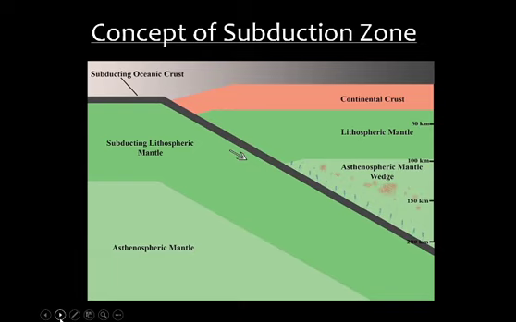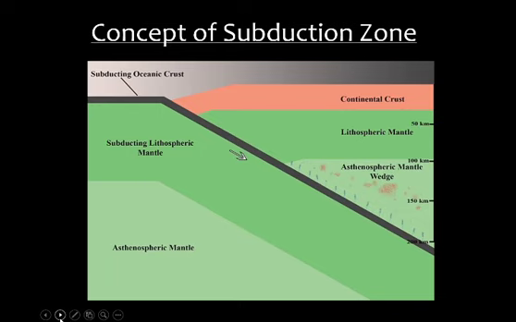It is formed because the oceanic crust has much more density than the continental crust, and for that reason the oceanic crust is subducting beneath the continental crust.